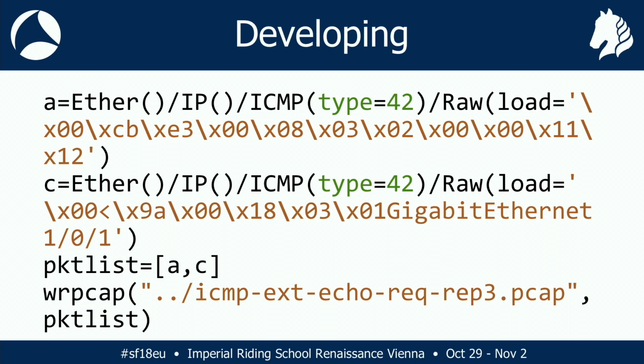That's an example I've used to implement the ICMP extended echo RFC. With the raw command, you can specify the hex values and build your packets how you want them. And then you can test whether your dissector is working correctly or not. That's another way to use Scapy.